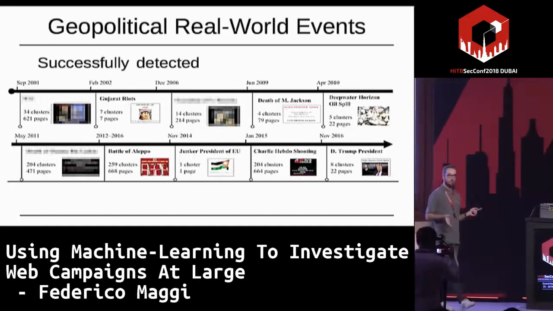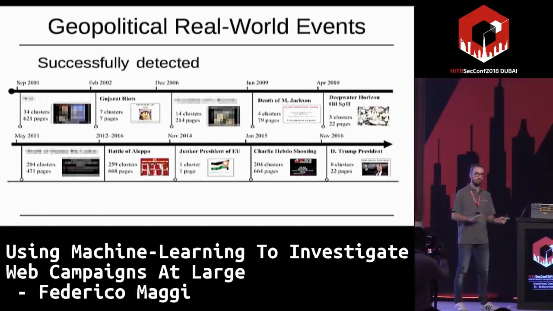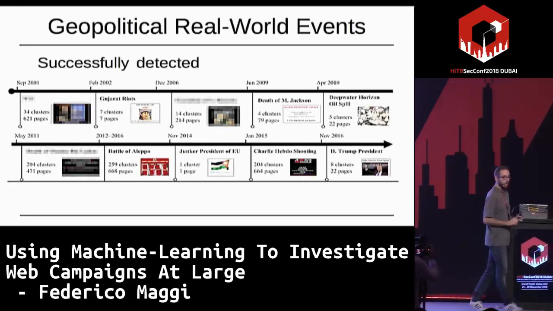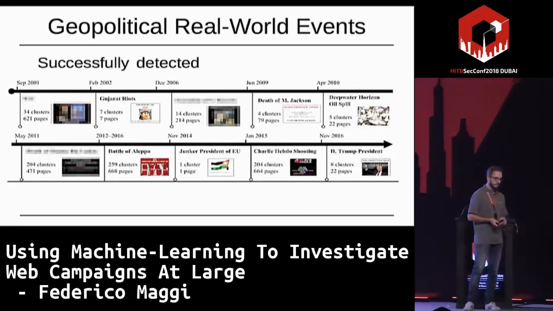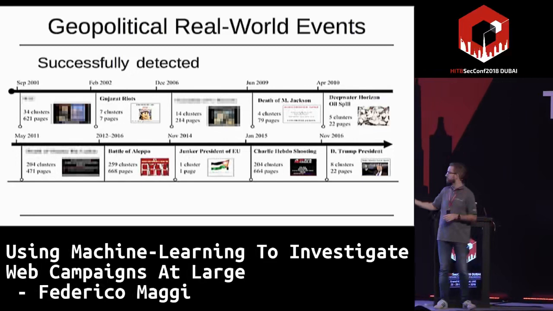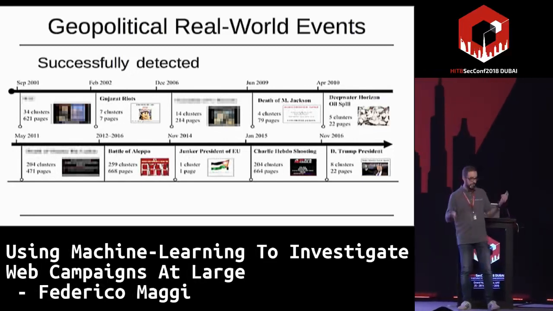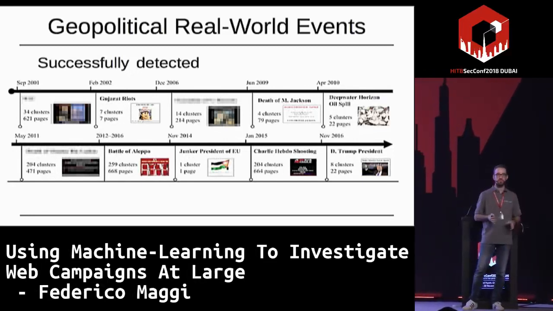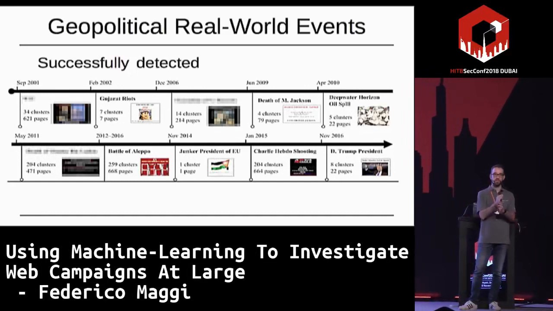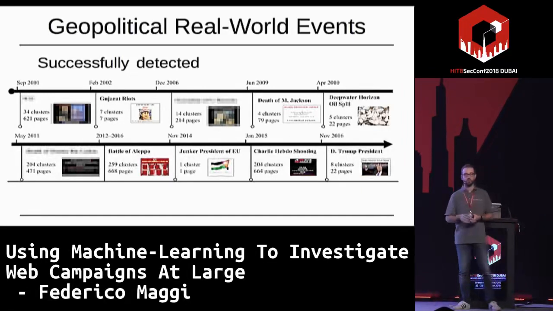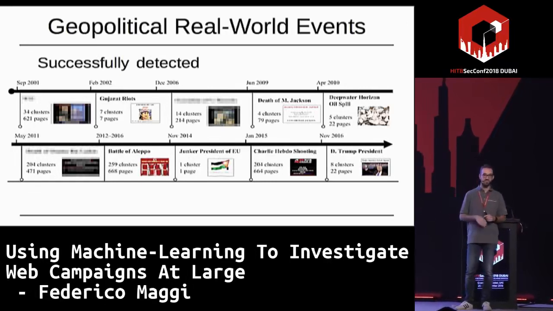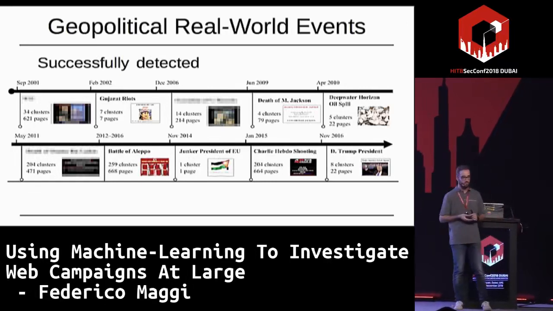I had to obscure some of them because I didn't want to sound offensive or biased. But, for example, the election of President Juncker was only one page, not really a campaign, but it was very interesting to find a match: the website of his party was defaced the day he was elected, to protest against the elections.